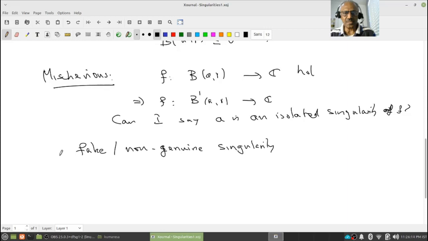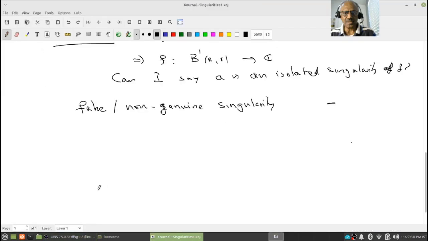Okay, so what are the possibilities that can happen? Whenever I do not know how f at A is defined, what is the natural tendency for any analyst to look for?